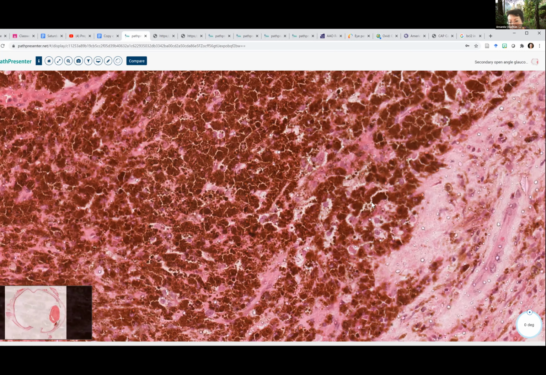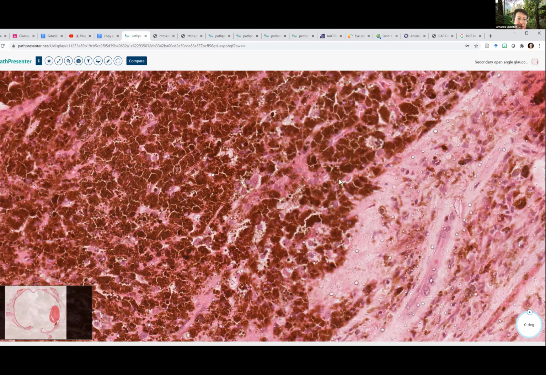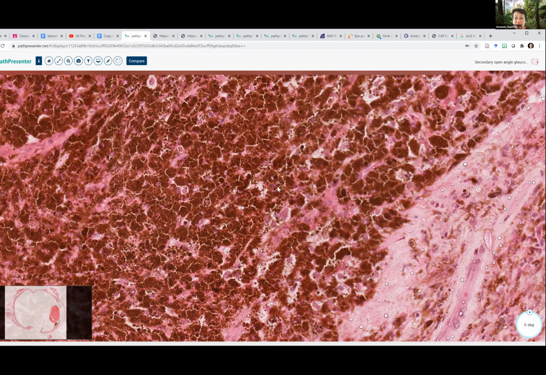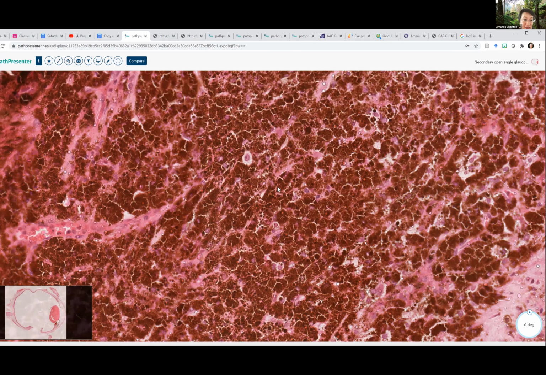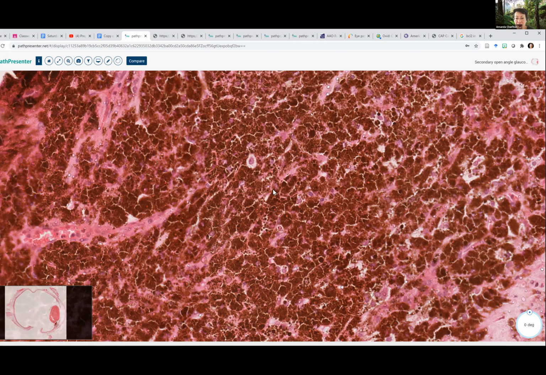Is this a melanoma? The other thing I was thinking, is it a melanocytoma? Because they're also very densely pigmented. In real life, under the special stain section, I would bleach it to get rid of the melanin so I can see what the cell nuclei look like. So it could be a melanoma or melanocytoma.